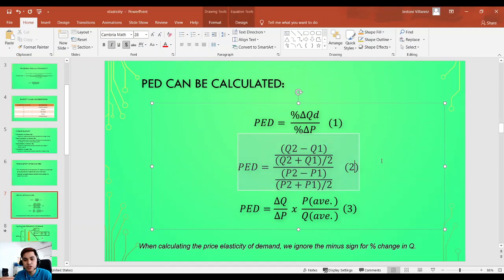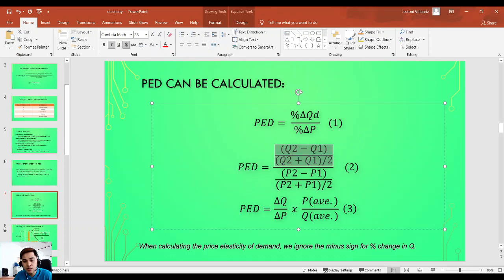Then we can make use of the individual values of our Q's and our P's. So we can use our equation number 2. So that's Q2 minus Q1 over Q2 plus Q1 divided by 2.